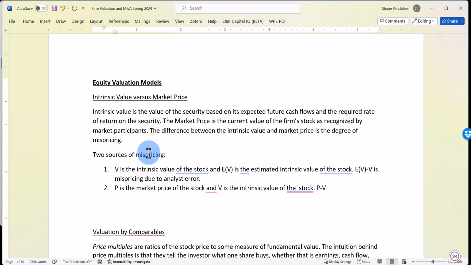P minus V is the other source of mispricing. And this is the degree to which the market doesn't recognize the fundamentals of the investment of that stock.